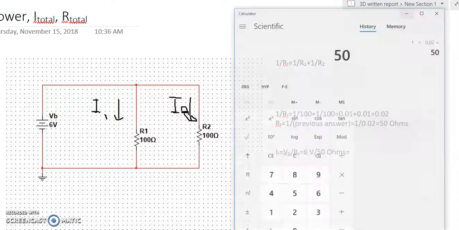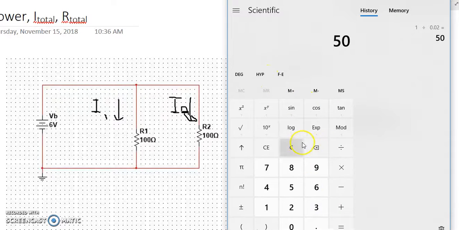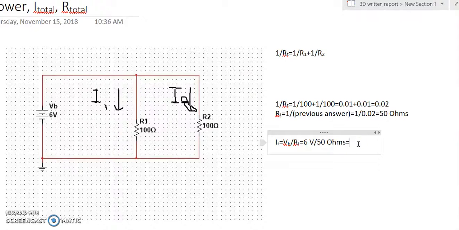And I'm going to pull up my calculator and see what that is. So 6 divided by 50 is 0.12. So my Itotal is 0.12 amps or 120 milliamps. That's a lot of current.